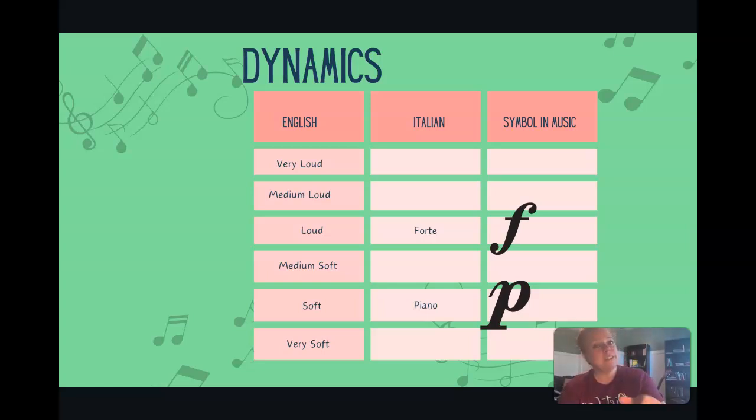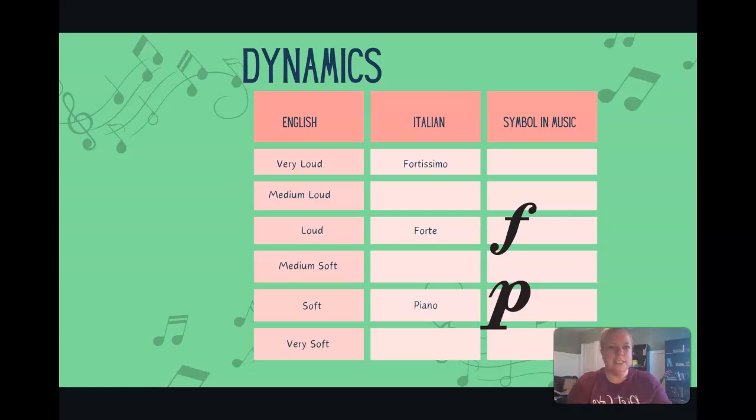Now, we use different terms on top of forte and piano to give us the differences between just loud and soft. If we're taking a look at the very loudest you can play, that is fortissimo. Issimo is the suffix that in Italian means even more. So in English, we say someone is tall, but if someone else comes by who is of a greater stature, we call that other person taller.